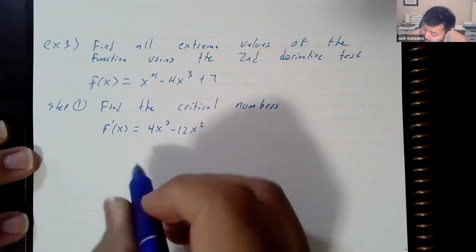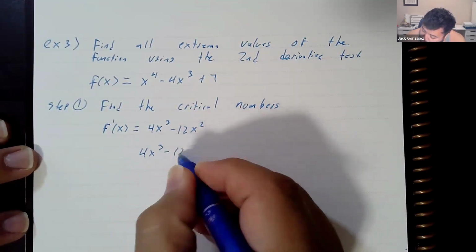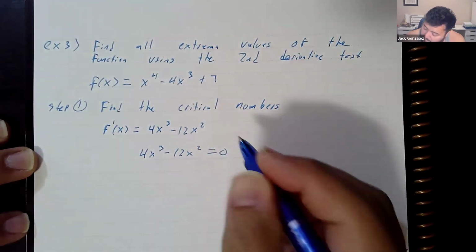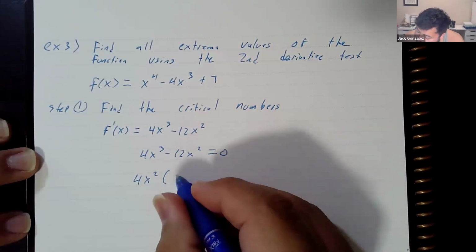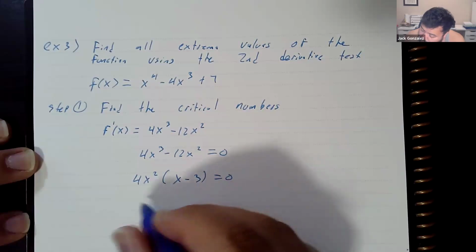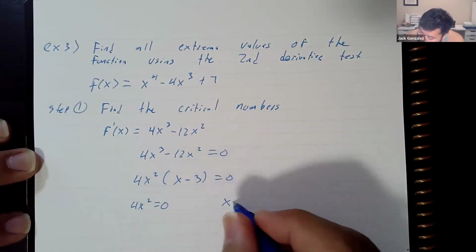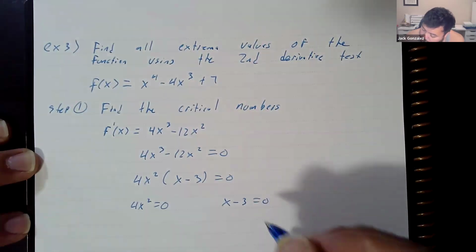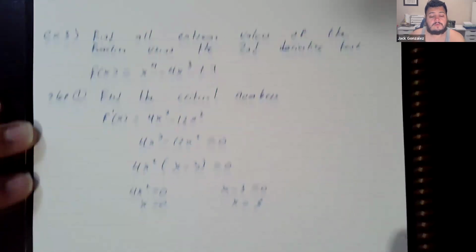Set this to 0. That's the process. Factor out the 4x squared. That'll give us x minus 3. So x is 0, x is 3. There's my two critical numbers.